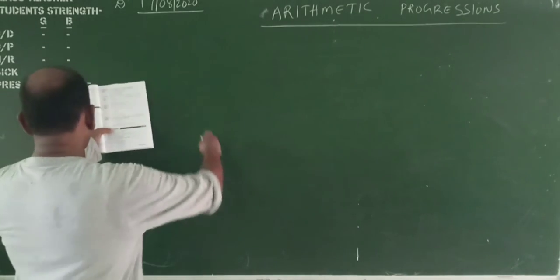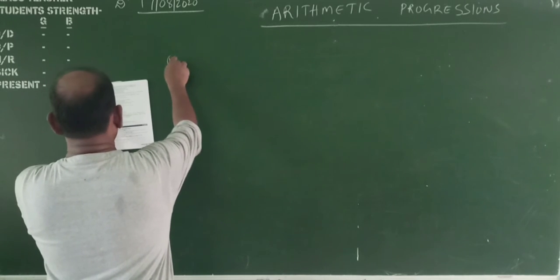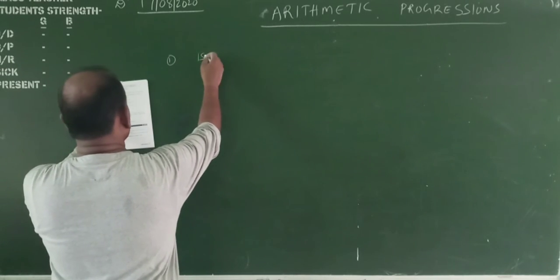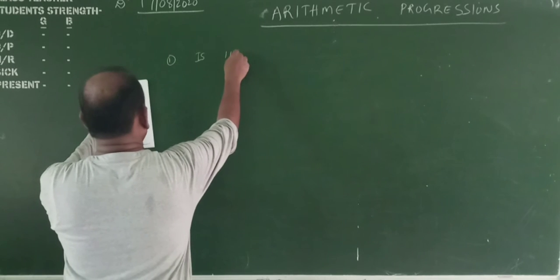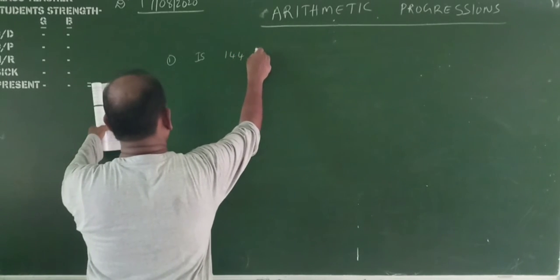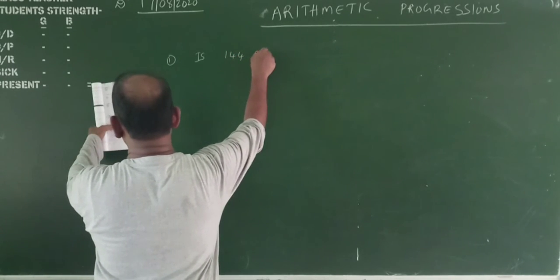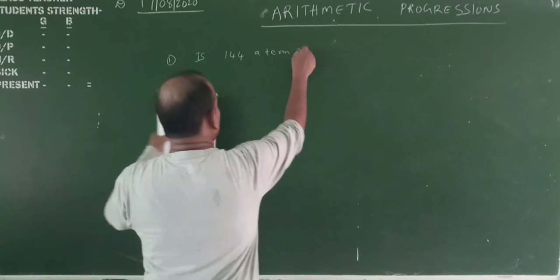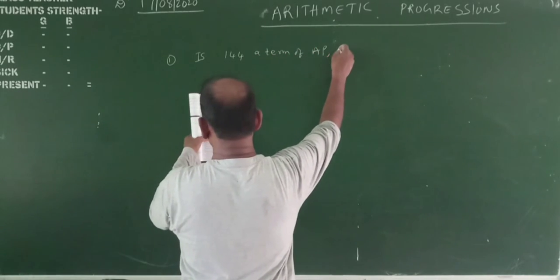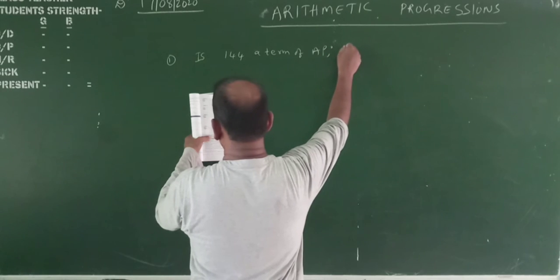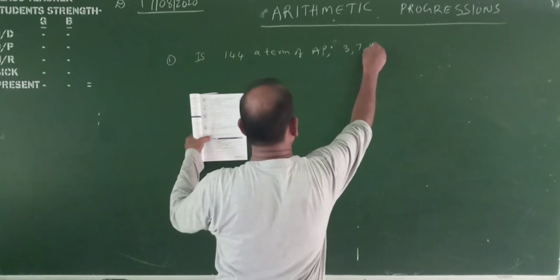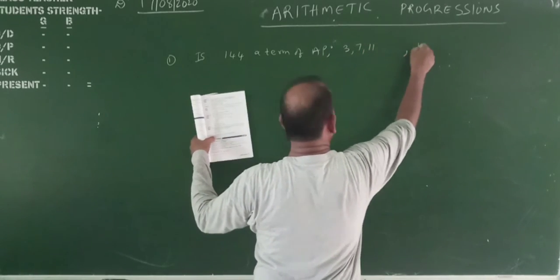Now the first question: is 144 a term of the AP 3, 7, 11 and so on? Justify your answer.